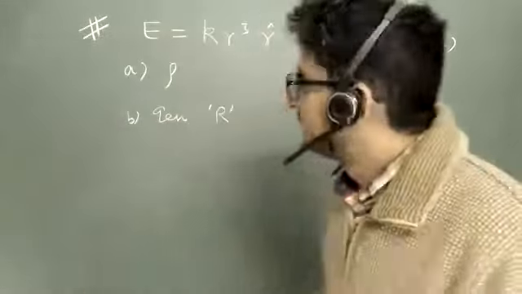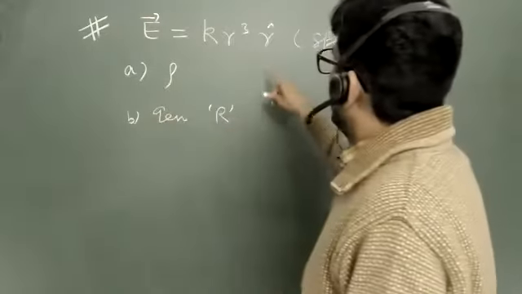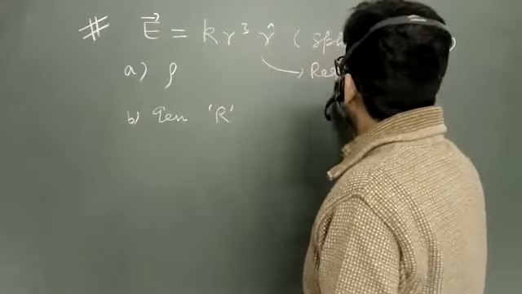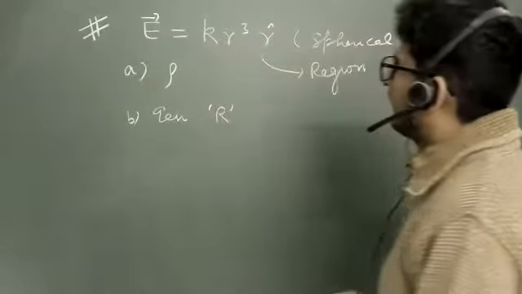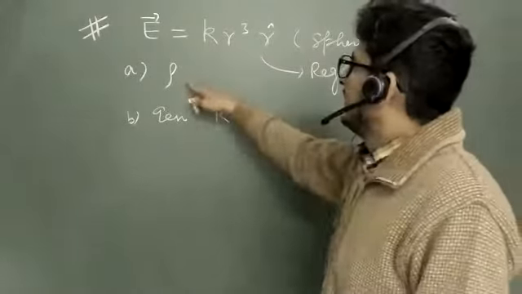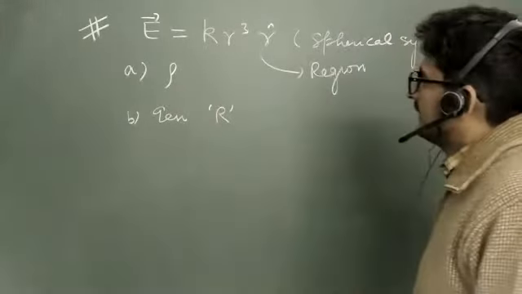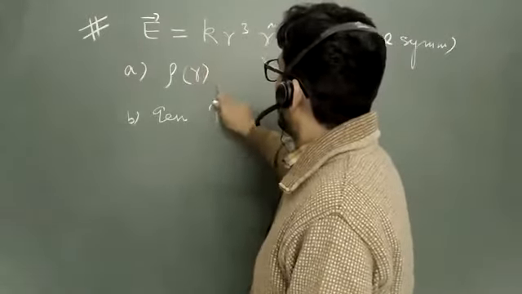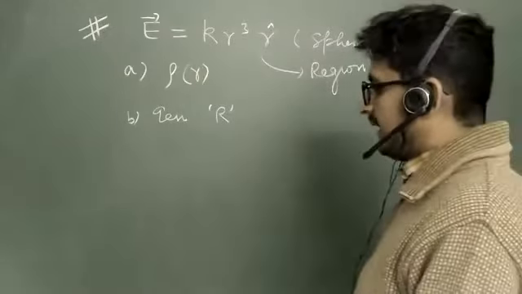Now understand, this electric field is given, so you can see that it is a property of a region. I have told you that it is not a vector, but it is a vector field. So it is a property of a region. So the first thing that you are going to calculate is the charge density. This is also some function of r, because this will also be a property of the region, right?